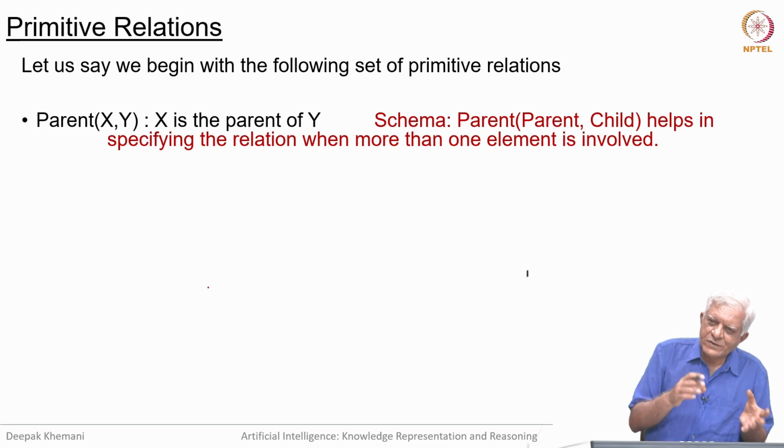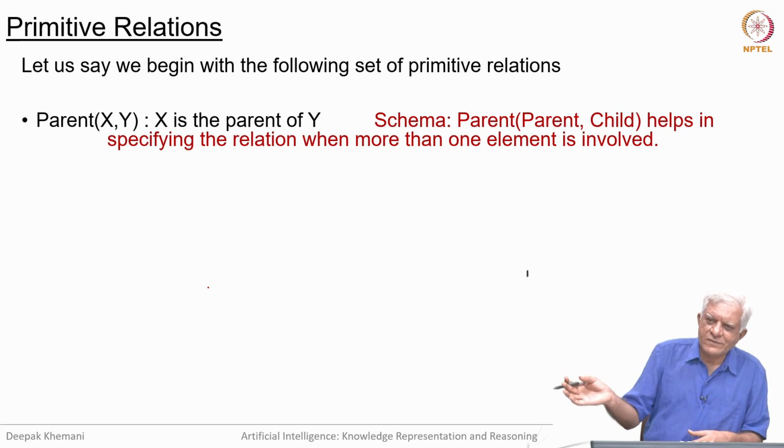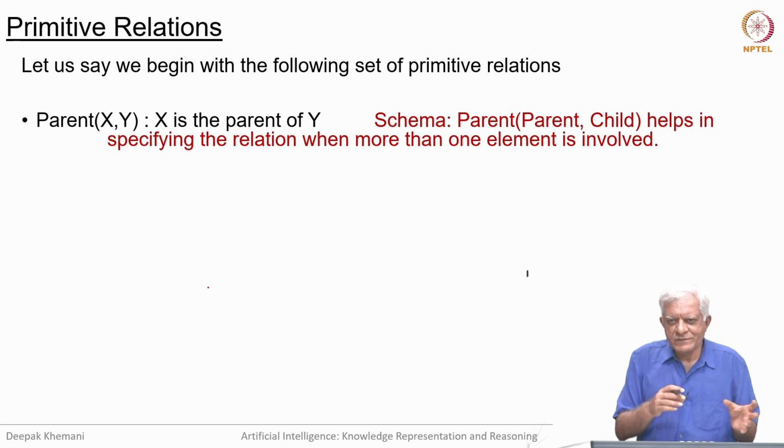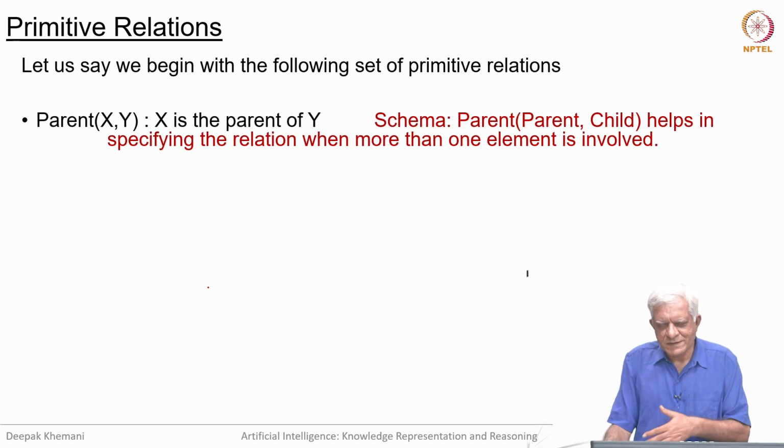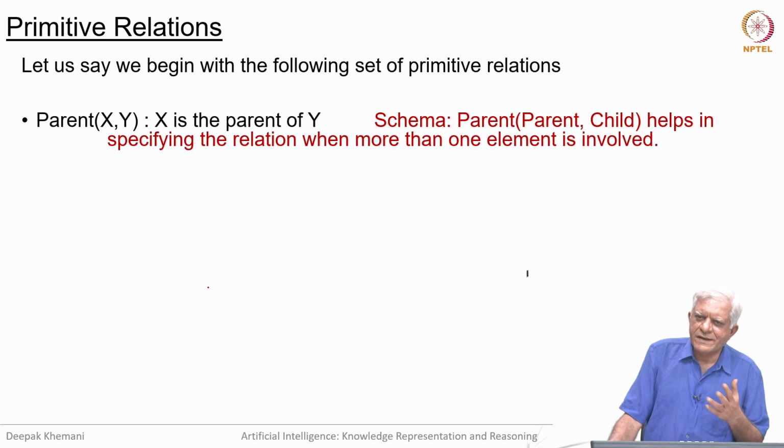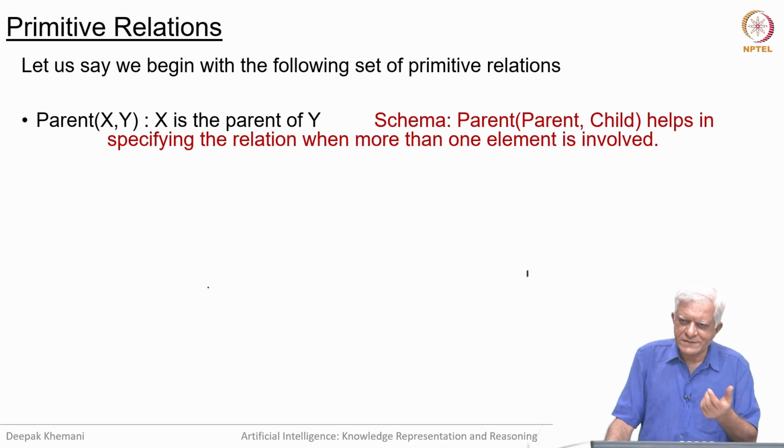So, Suresh is the parent of Manish. So, we already know that Suresh is the parent of Manish and so on. So, in all languages there are case markers which tell you what case each individual in the sentence takes.